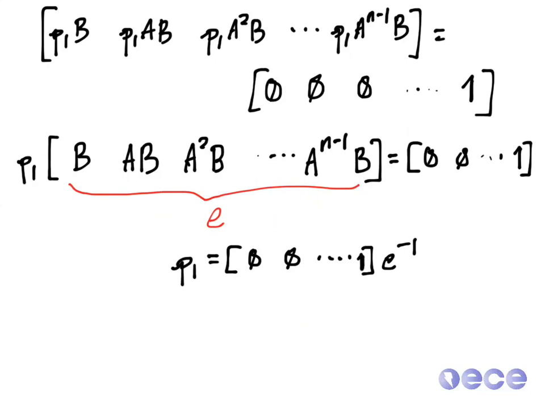Of course, this ends with a 1 here. So P1, if I define this as E, then I can say P1 times E is equal to 0, 0, finally a 1, times nothing.